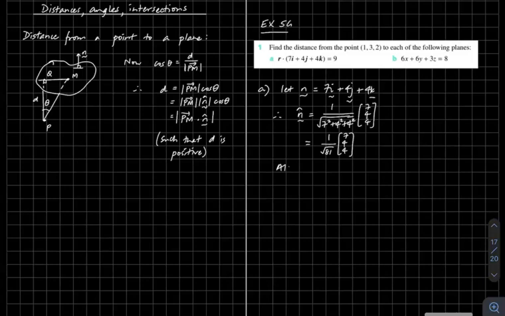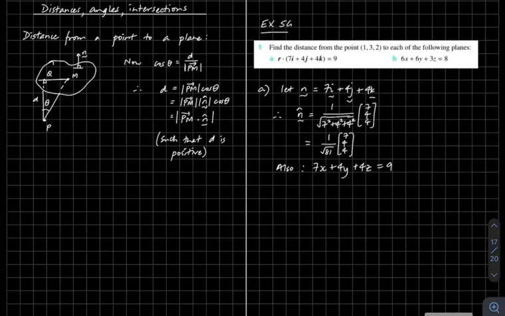Also, we can say in Cartesian form, because remember, to get Cartesian form we can just substitute a general vector x, y, z for r and take the dot product of those. So in Cartesian form it's just going to be 7x plus 4y plus 4z is equal to 9.